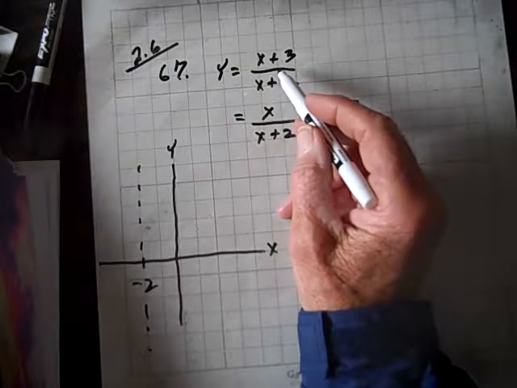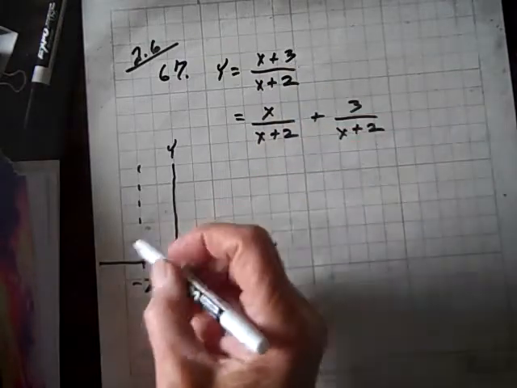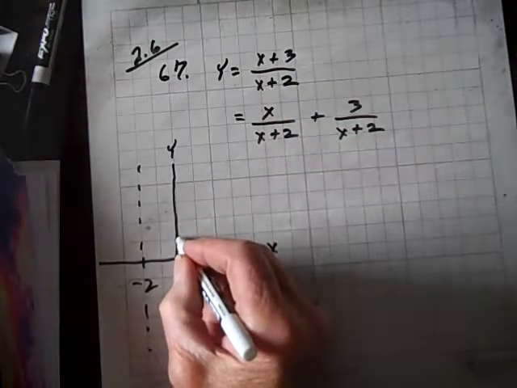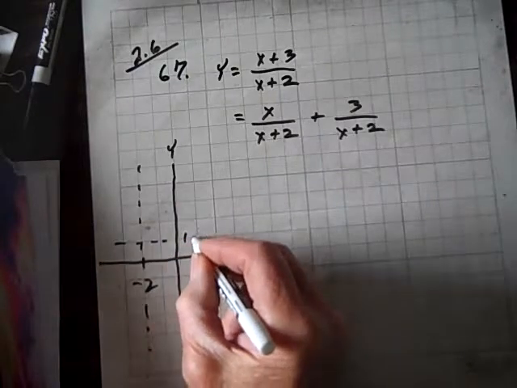By what we did in the previous problem, we're going to get 1. And so here we are at 1, the horizontal asymptote.